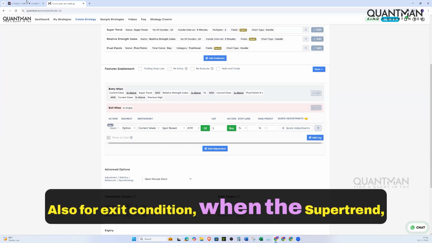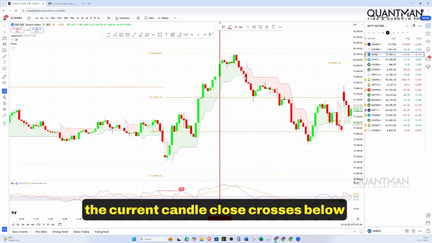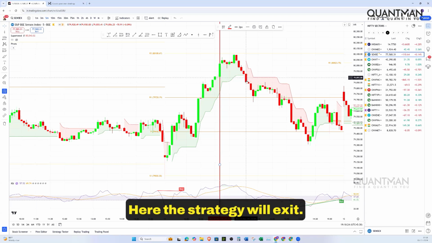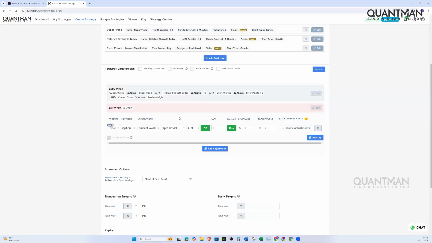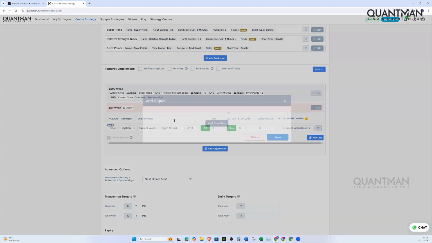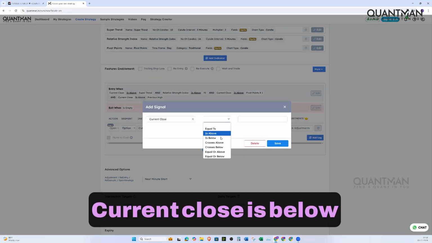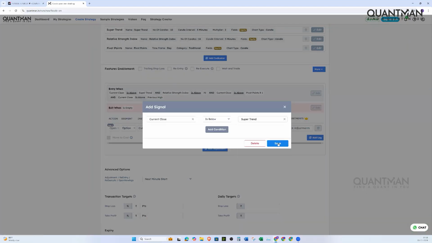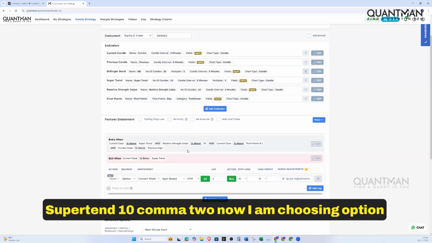Also for the exit condition, when the current candle close crosses below super trend, the strategy will exit. Current close is below super trend, super trend 10, 2.